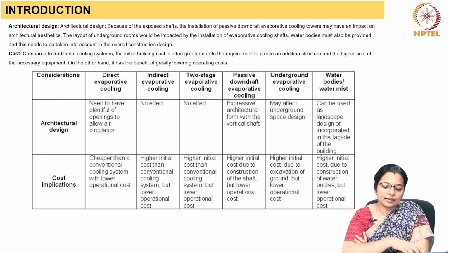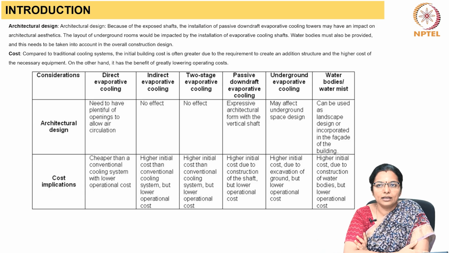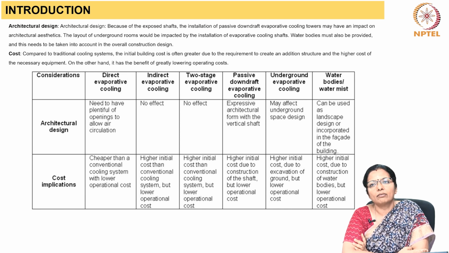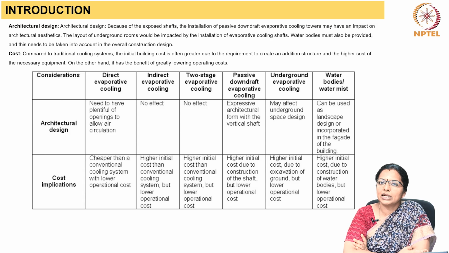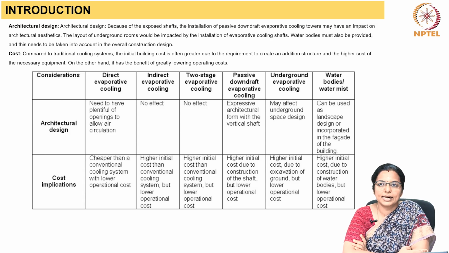Let us look at the architectural design required. Because of the exposed shaft, the installation of passive downdraft evaporative cooling towers may have an impact on architectural aesthetics if it does not match the taste of a designer. The layout of underground rooms would be impacted by the installation of evaporative cooling shafts.